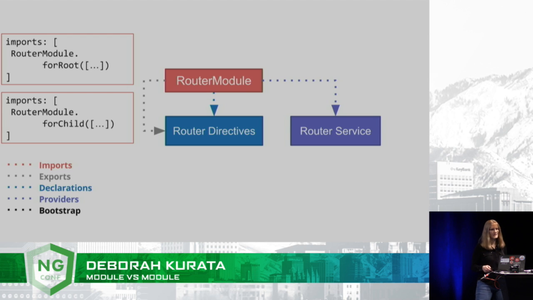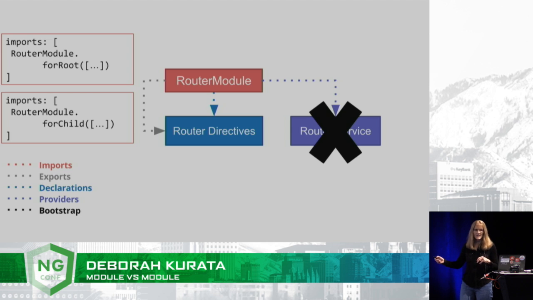What the forChild does is it will configure any of those routes that we pass to it. It will give us access to those router directives, but it will not re-register that service. So that's why we use forRoot only one time, usually in our application module, our app module, and then we use forChild for every other module that we create.